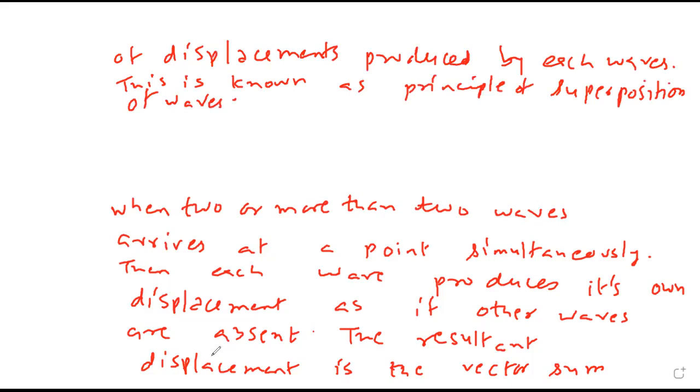What is the principle of superposition? Vector sum means parallelogram law.